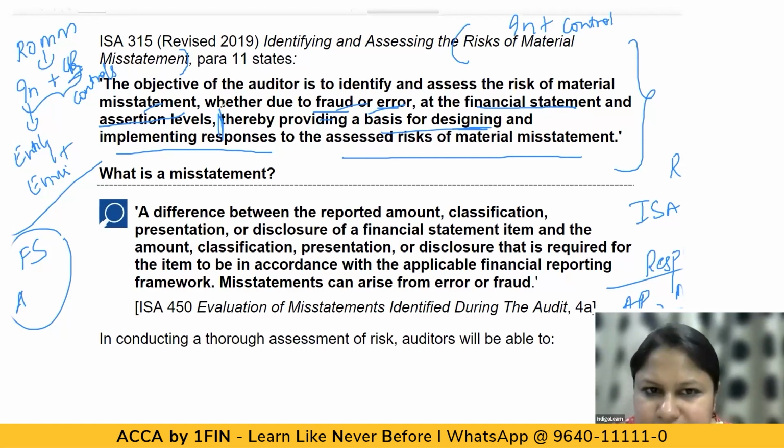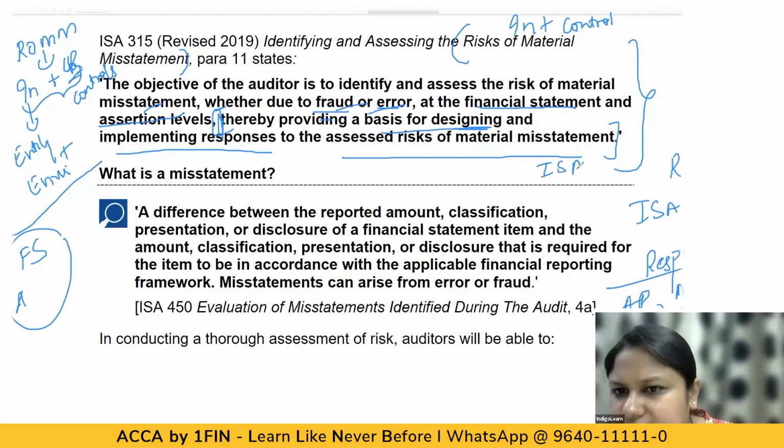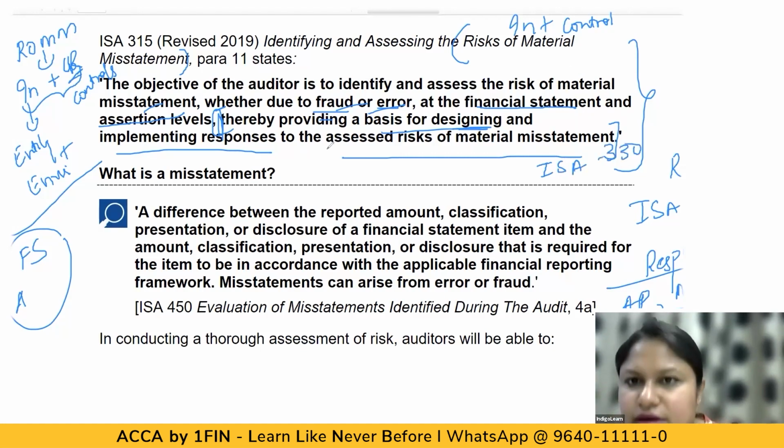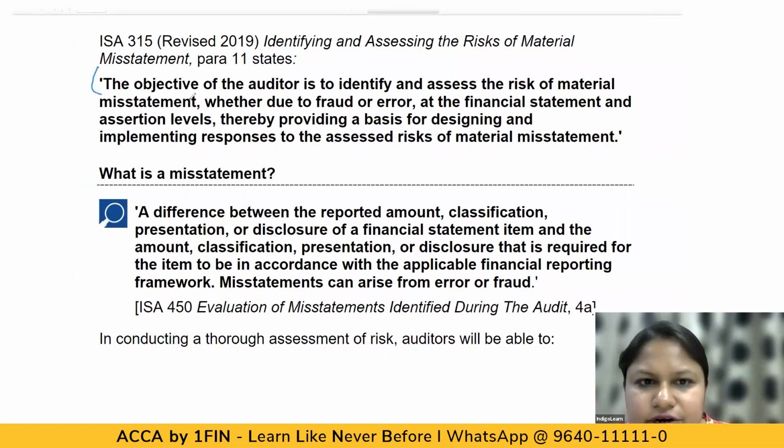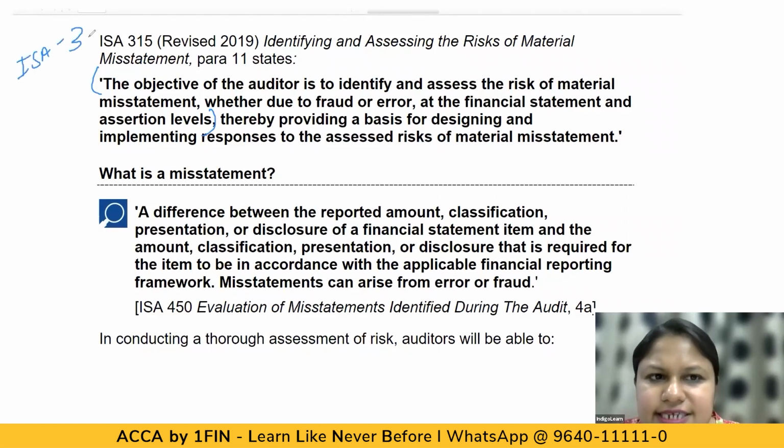So for this, basically we have another standard which we call ISA 330. Just for clarity, this first part is covered by ISA 315. And if in ISA 315 you identify and assess the risk, then the action that you take, you'll do it as per ISA 330. Got it? So basically, there are two things that they're talking about here.